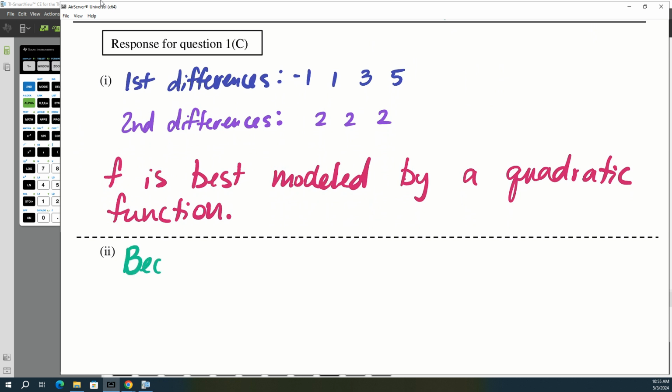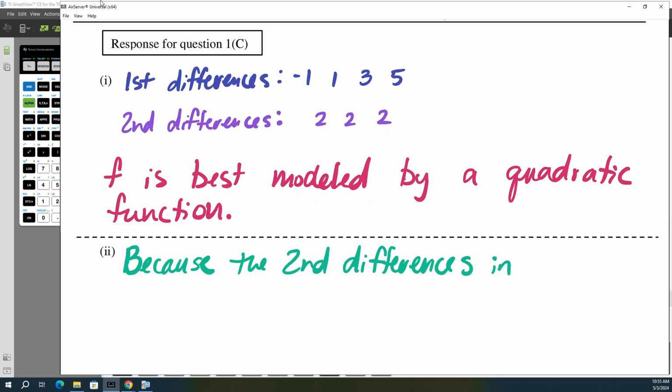So we're going to say, because what happened? The second difference is, in what part? Wait, not yet. The second difference is, what did we subtract, input or output, to get our second differences? Output.